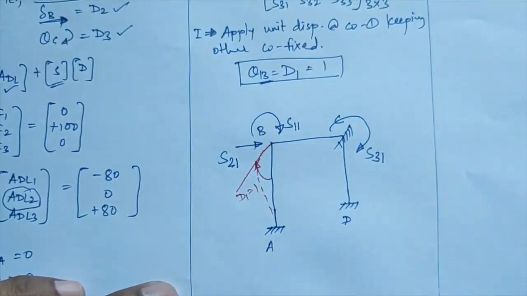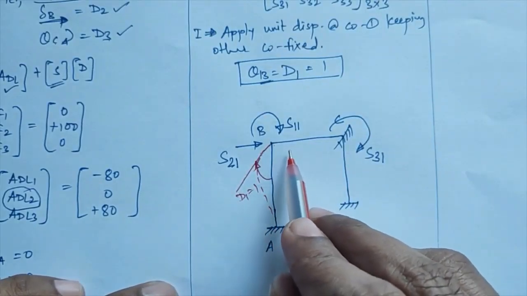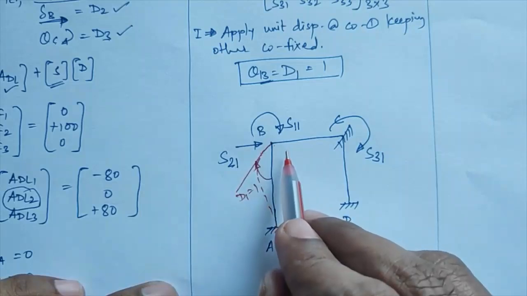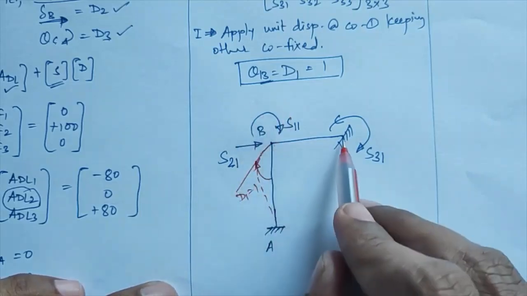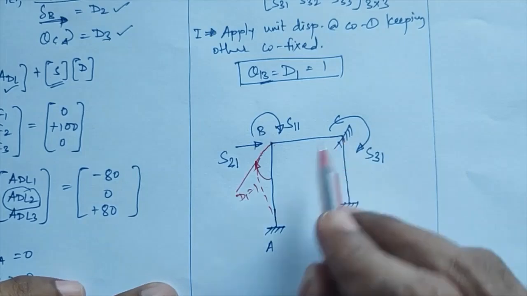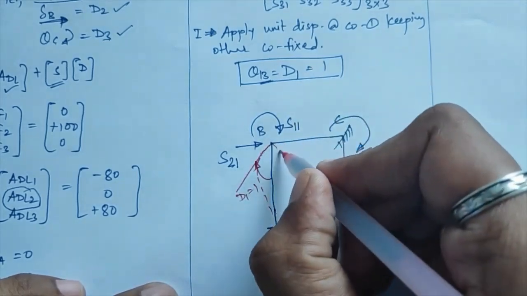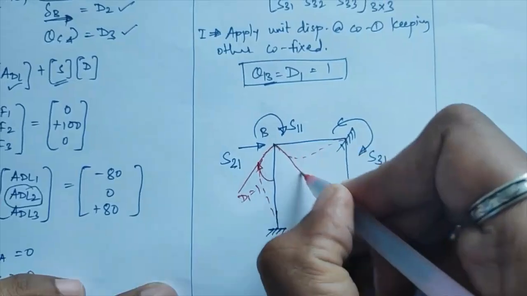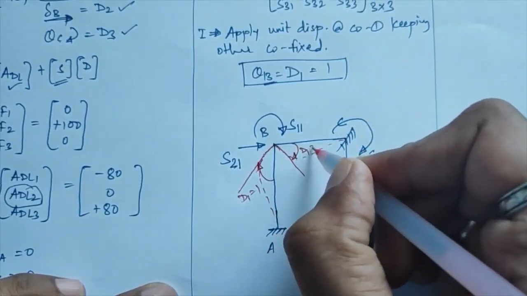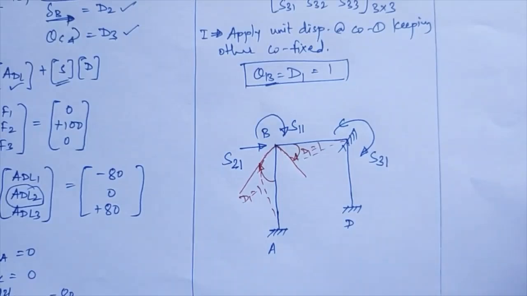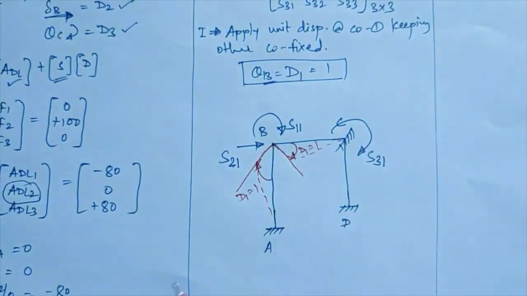Okay. Next S of 1 1 will again follow a clockwise path for the BC member. Okay. So it is originating from the downward side, so this will be from the downward portion, that is again D1 is equal to 1. So that will follow a downward path over here.